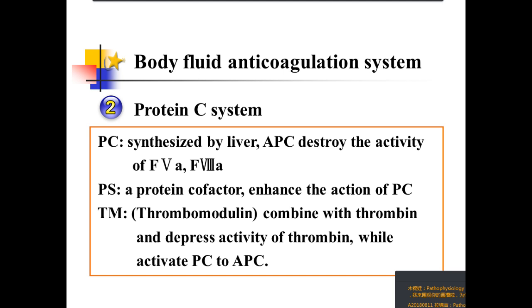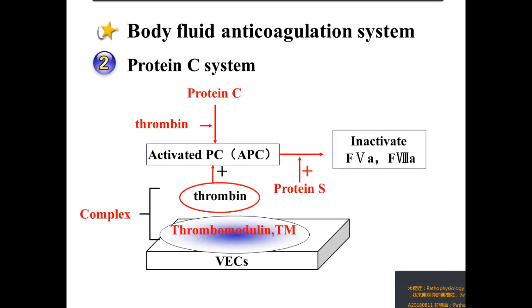Now, the next is explained in detail. Protein C is inactive. If it is activated, we get activated protein C, APC, which has anticoagulation function. What can activate it? Thrombin. If thrombin increases, thrombin activates protein C to form activated protein C. What is the function of APC?